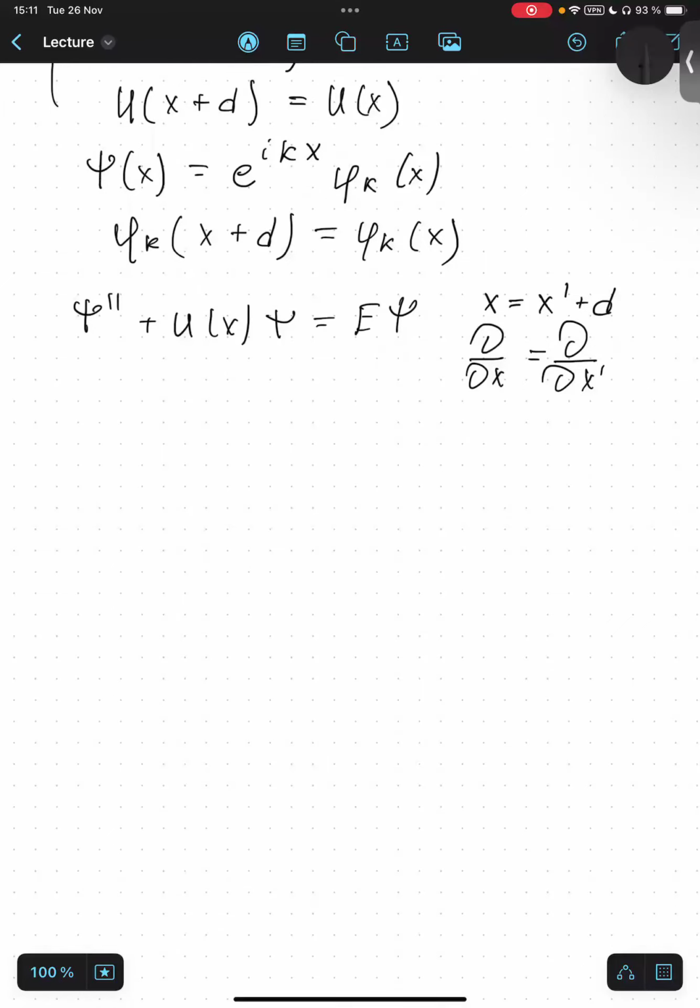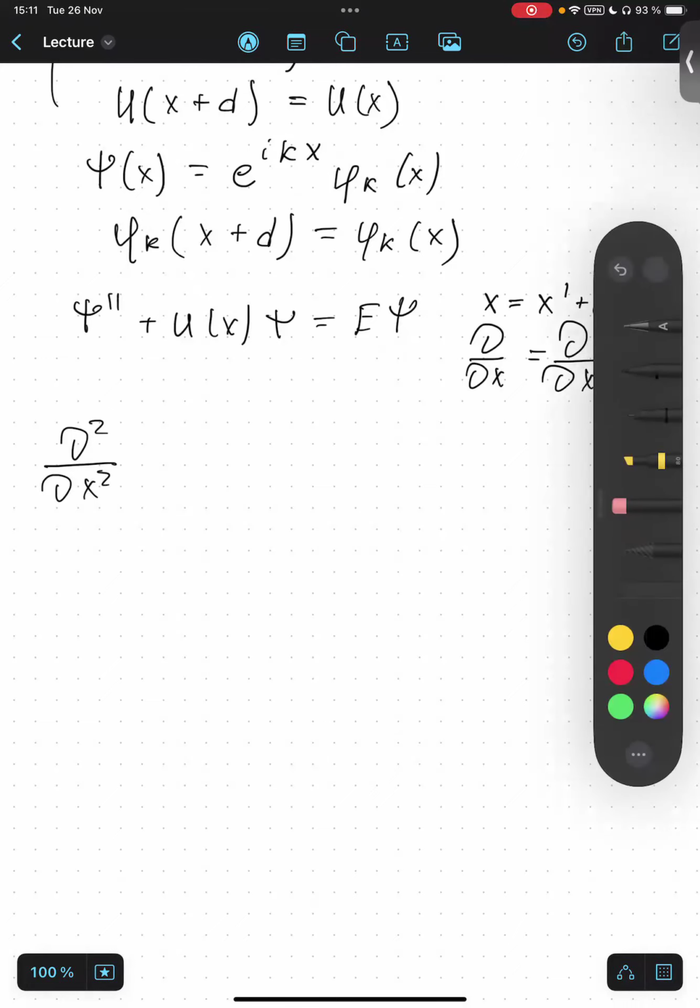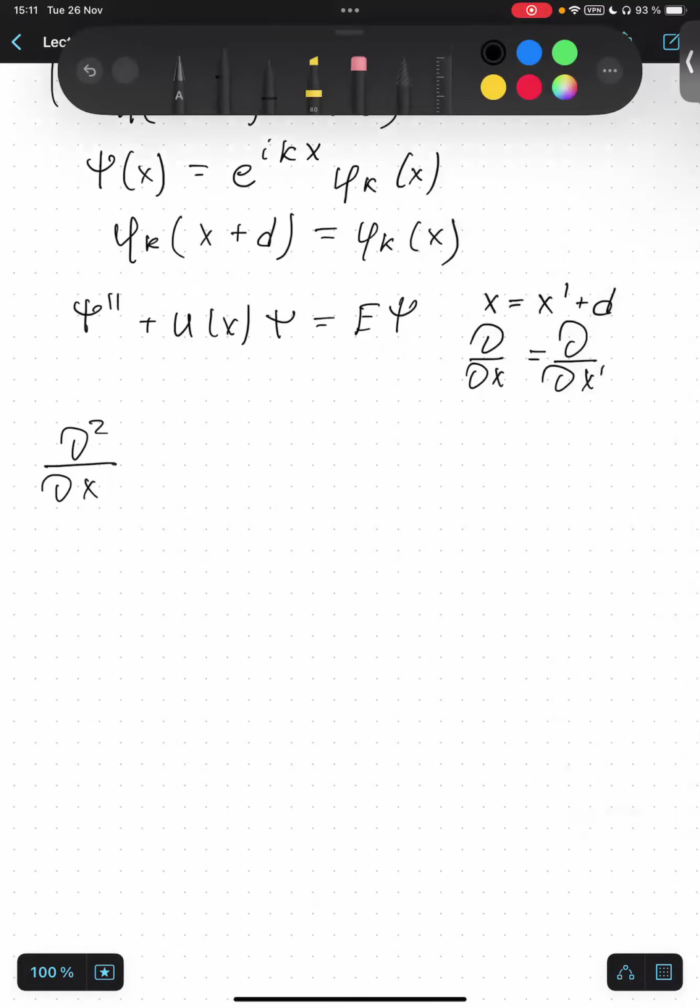We get the second derivative over x prime squared of some function of x prime, plus u of x prime, also such a function, equal to e f of x prime.